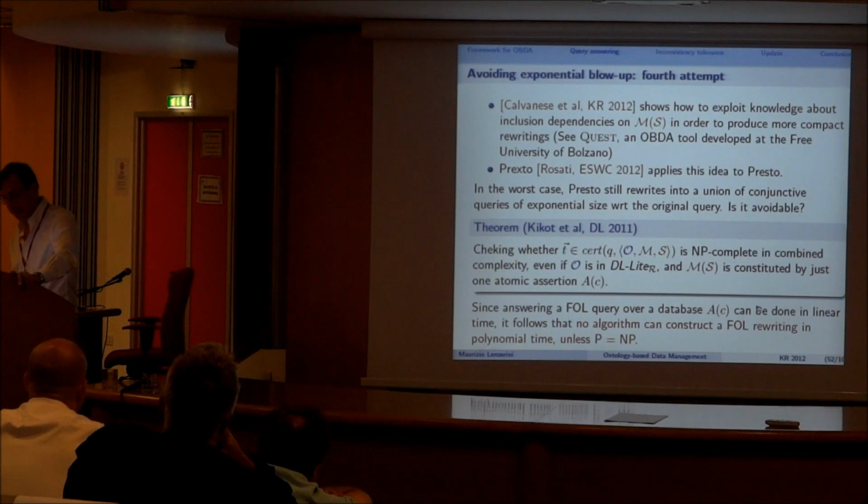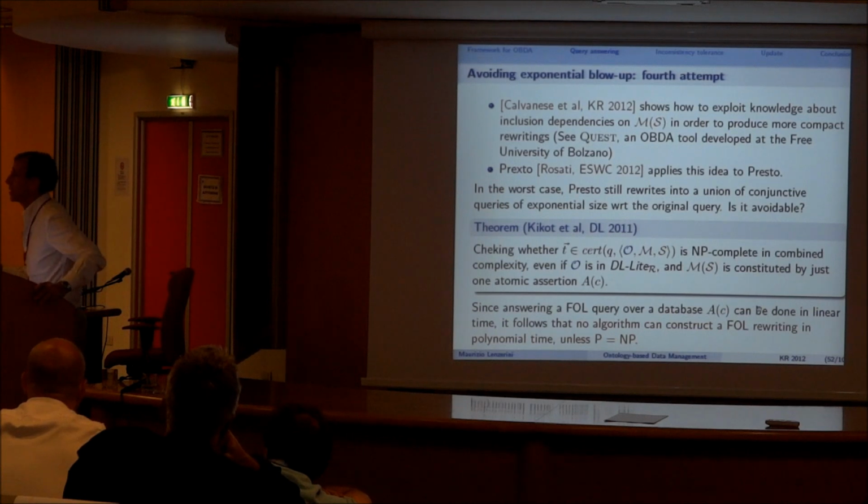The theorem that shows that is the following. Checking whether a certain tuple is in the certain answer of a query is NP-complete in combined complexity, even if the ontology is in a very, very simple DL-Lite description logic, and the set of facts is constituted by just one atomic assertion. What does it mean?